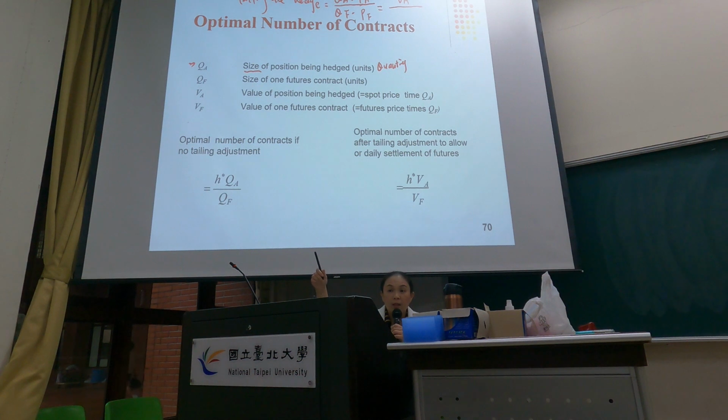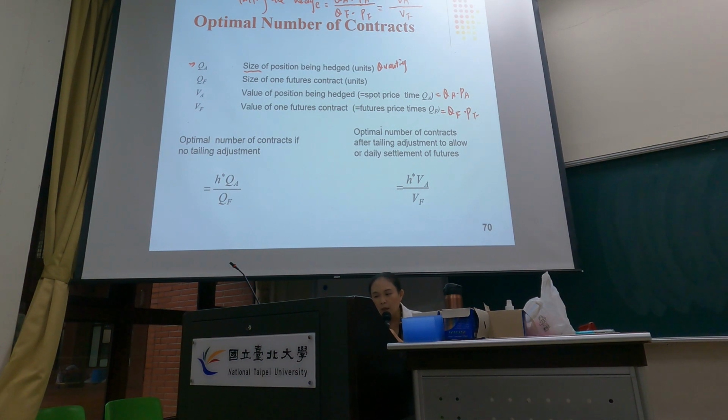So 3 times 10, quantity times the price. You guys follow me? Okay? So value of the asset equals Q times P. Are we okay with that? Yeah? So write it down here. This equals QA times PA, and this equals QF times PF.